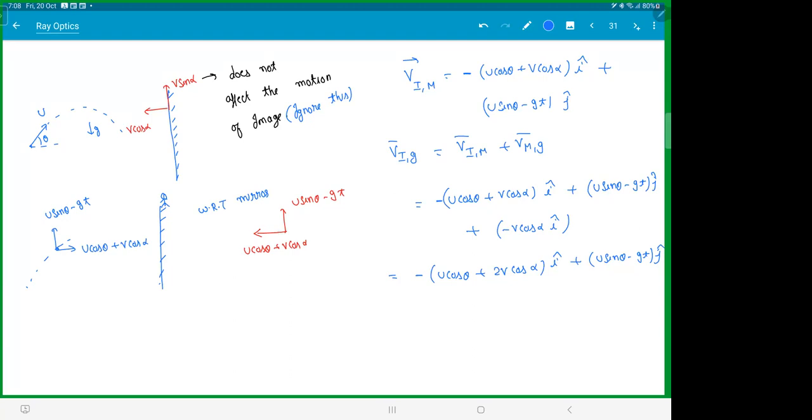Always, whenever you're solving with respect to the mirror, this is not a concept, but a kind of a technique. It comes with experience. So when we try to find the velocity of the image, always stop the mirror, always solve with respect to the mirror and then come back to the ground frame.